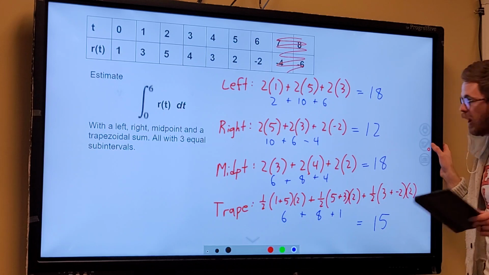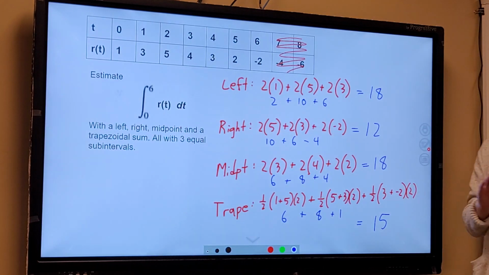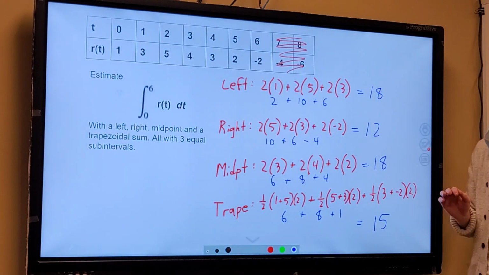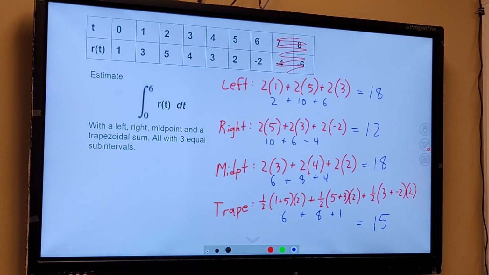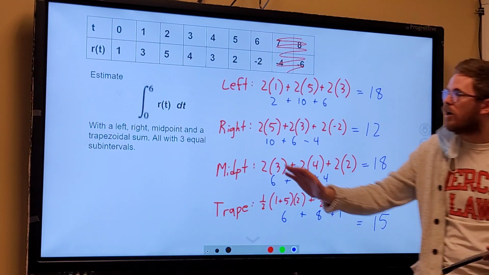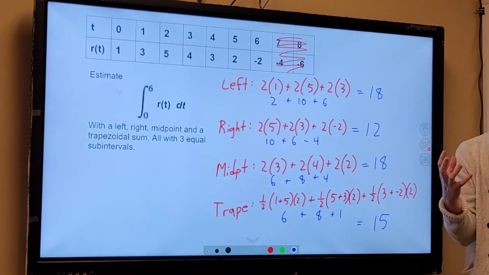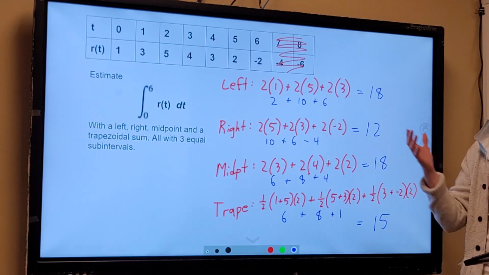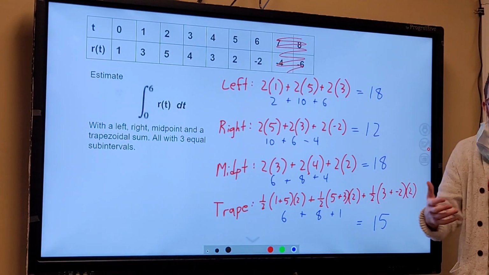But I want to switch gears a little bit. It's really not switching gears. You're going to see why it's not switching gears. But I want to talk about something that'll help us get a better understanding of our definite integral. We've been estimating our definite integral all week.